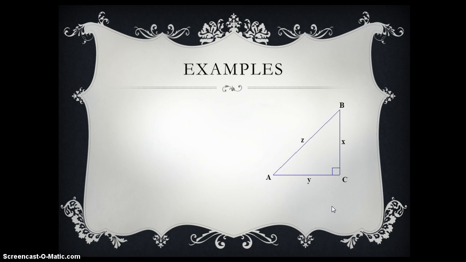Now, what does this actually mean in terms of a triangle? Well, we find the sine of an angle, so we're going to say sine of angle A is opposite over hypotenuse. So the side opposite is x over the hypotenuse z. So the ratio of the sides is x to z.